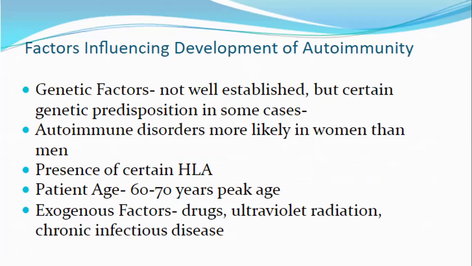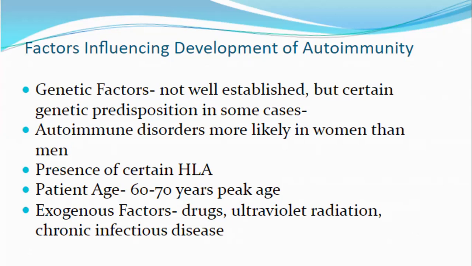Now, these are the factors that influence the development of autoimmunity. We have genetic factors, although not well established, but in some cases there are a lot of genetic predispositions. Autoimmune disorders are more likely in women than men, for example in systemic lupus erythematosus, which has a higher predominance in women. Presence of certain HLA, for example in rheumatoid arthritis, which is associated with HLA-DR3 and 4.